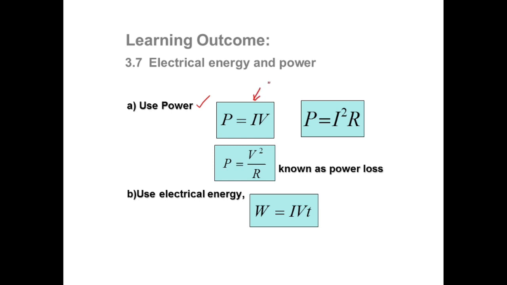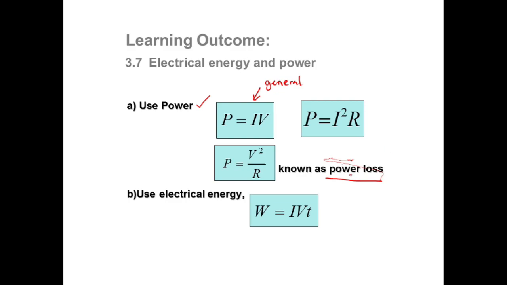This is the general formula for power, also known as power supply. Other formulas for power are P equal to I squared R and P equal to V squared over R. These two are known as power loss, or power consumption.